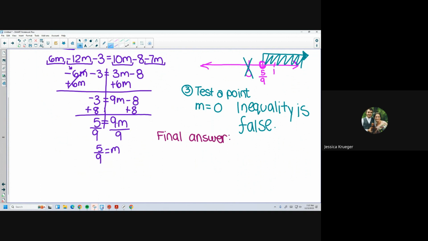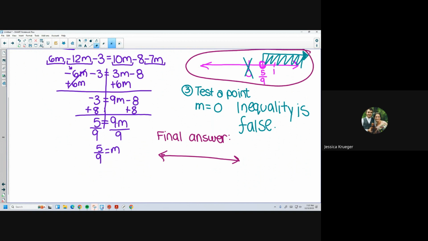They want it written as a number line, which we've got up above. So you're welcome to just circle that number line. Actually, let's do that. There's our number line. Then they want it as an inequality. So my solution here, x, since it's an open circle, is greater than 5/9.